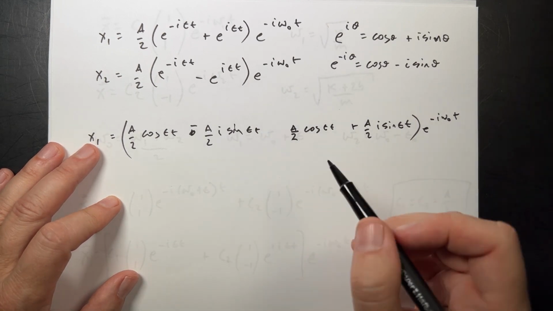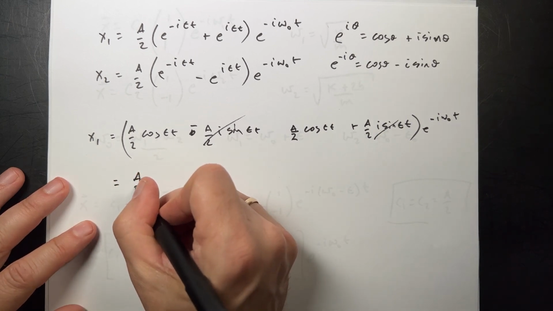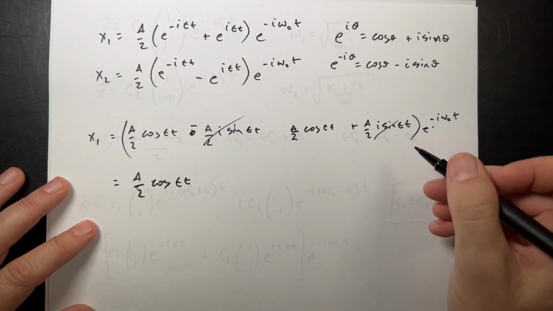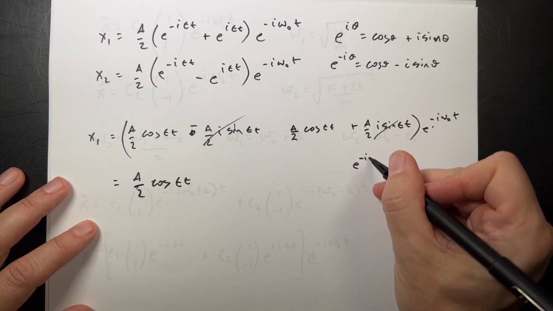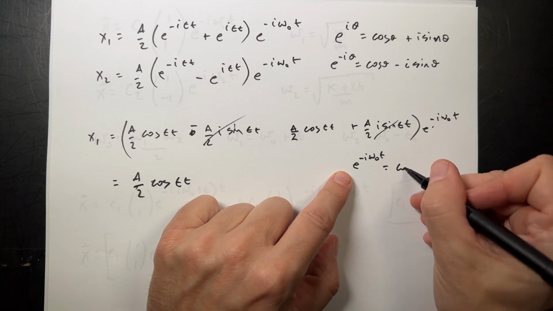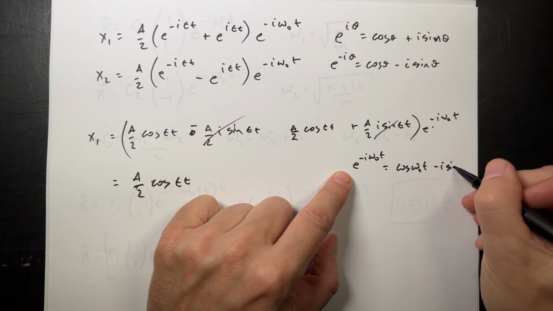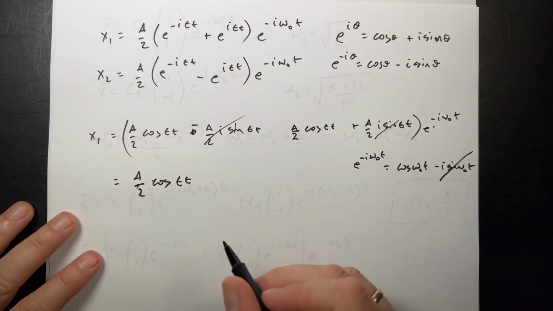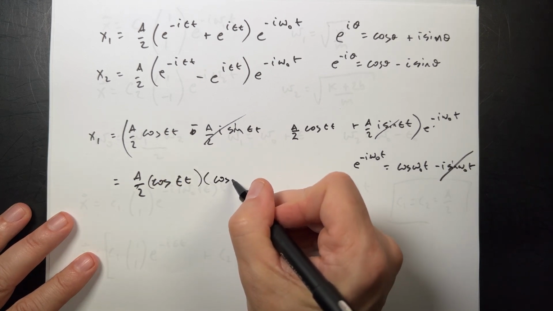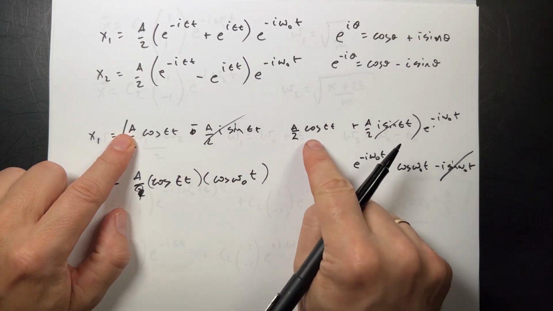You'll notice that these two terms cancel, these two add together. So I get A over 2 cosine epsilon t, and then e to the minus i omega naught t is going to be equal to cosine omega naught t minus i sine omega naught t. But we only care about the real part, so we just get that. So I get A cosine epsilon t cosine omega naught t. The 2's canceled.